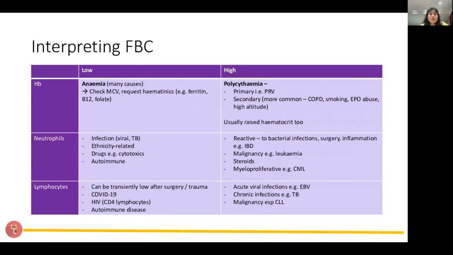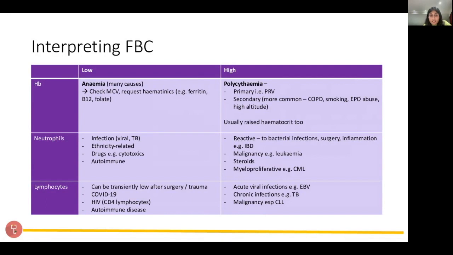And then renal patients who are on erythropoietin because they don't make enough in their bodies, if you're prescribed too much of it, then your hemoglobin will be raised. High altitude is similar to COPD and smoking. It's for your body to adapt to low oxygen saturations at higher altitudes. If you're mountain climbing or you live in the mountains, then again, your hemoglobin will be raised. So that's polycythemia in a nutshell.